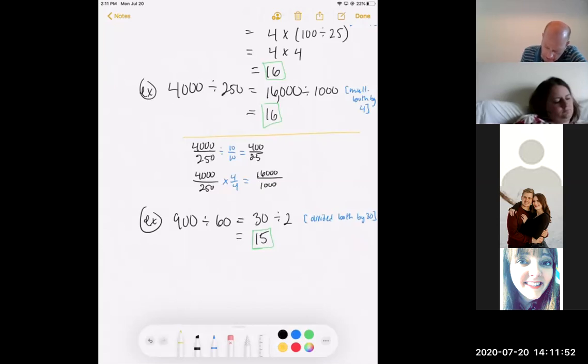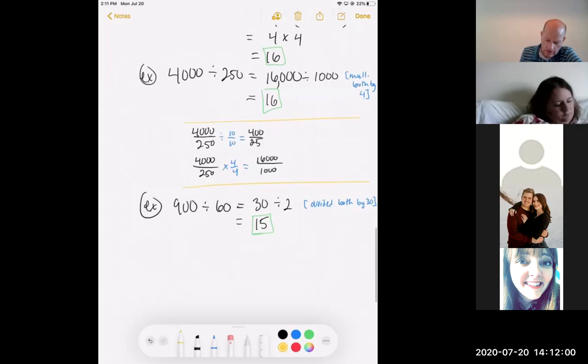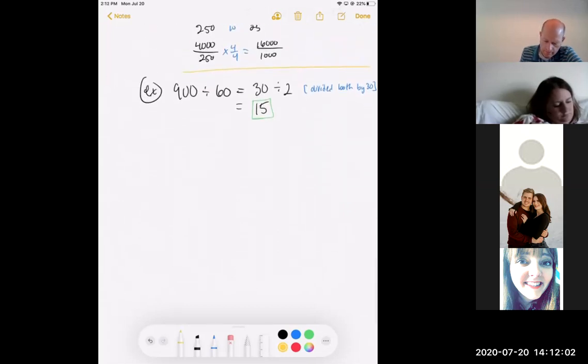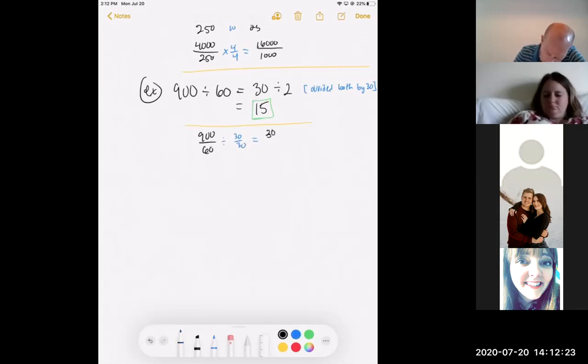So those are why they work. That's why compensation works. It's just finding equivalent fractions. And you can do that with any division. So with this one, we did 900 over 60 divided by 30. And then now you have a simpler problem, just 30 divided by 2. They have the same answer, the same ratio, because they're equivalent fractions.